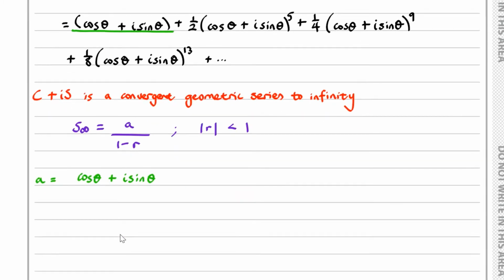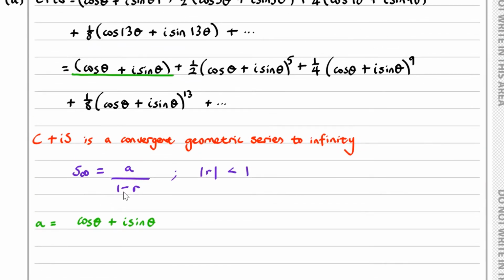And the common ratio r, that's equal to, well, in terms of the numbers, each time we multiply by a half, and then we also multiply by (cos theta plus i sine theta) to the power of 4. Okay?